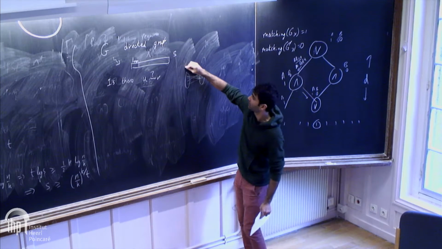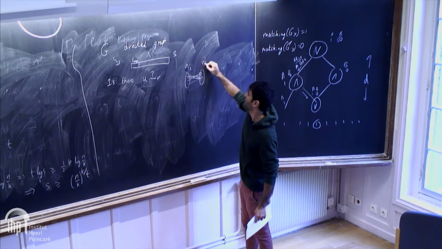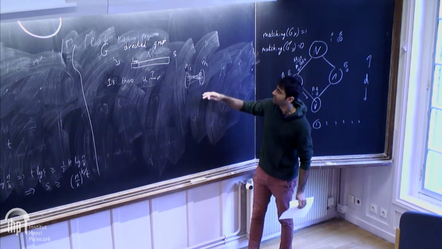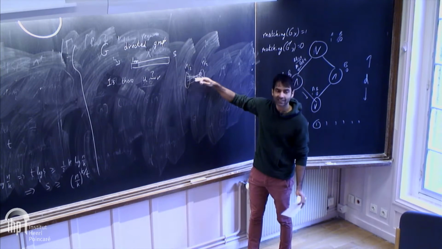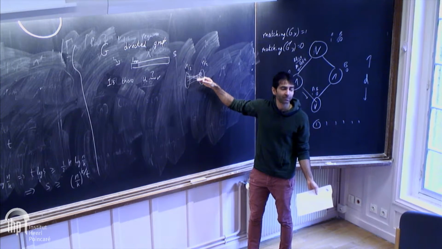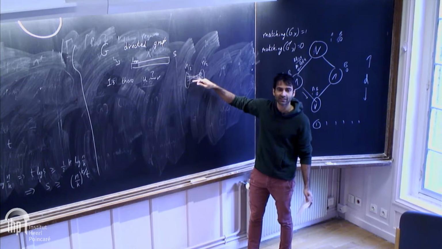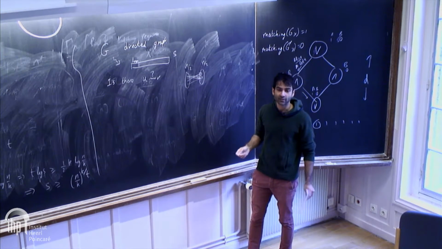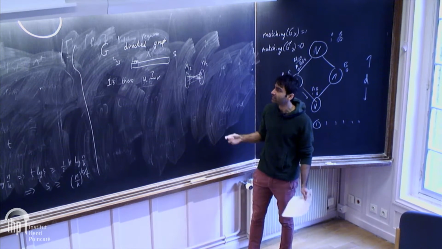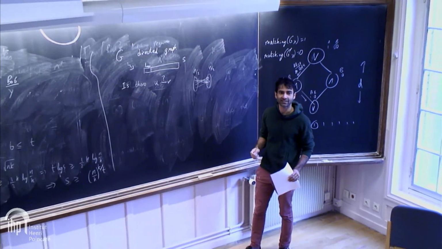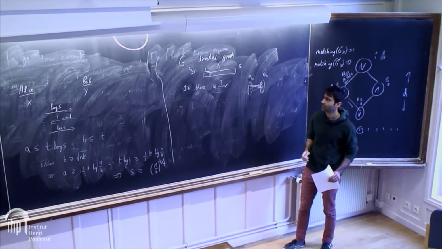There are n over 2 vertices here, n over 2 vertices here. And then you basically need to store every edge, because for every combination, you need to know whether there's an edge from U to V. So there's no way to shrink this question.